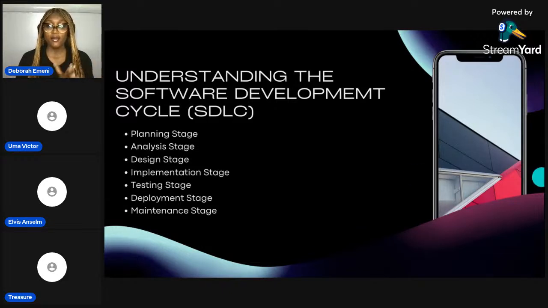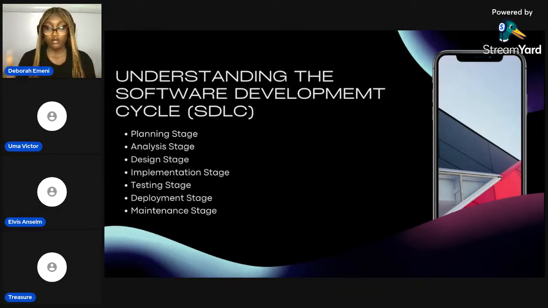These stages can be carried out using different kinds of methods. The stages involved in the software development life cycle can be carried out with different methodologies, and a couple of them exist. You can check them out on Google. Just Google different types of methodologies used in the software development life cycle and you will see a couple.